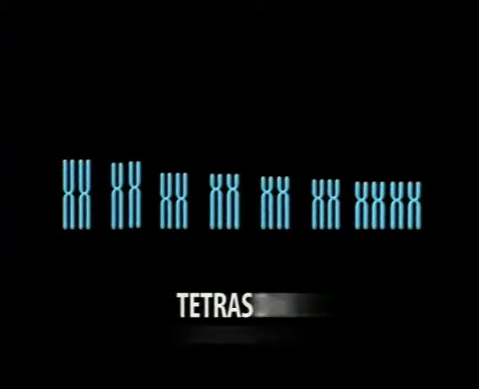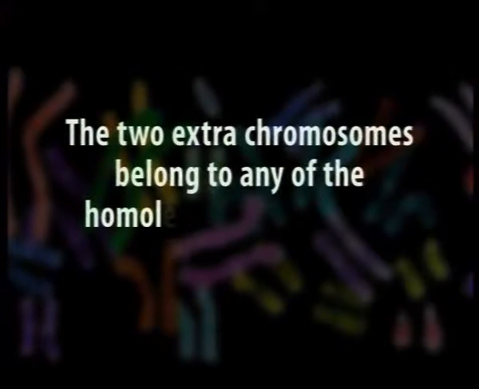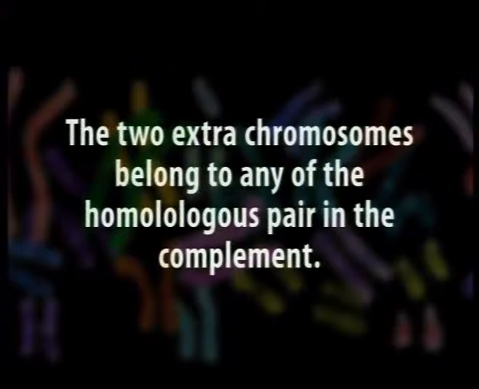Then next one, tetrasomic condition. It is a condition where a whole chromosome pair is extra in an individual, so that a particular pair of chromosomes is present 4 times in a diploid condition. This extra pair of chromosomes can belong to any of the pairs, and therefore the possible number of tetrasomics in an individual is equal to the number of chromosome pairs.